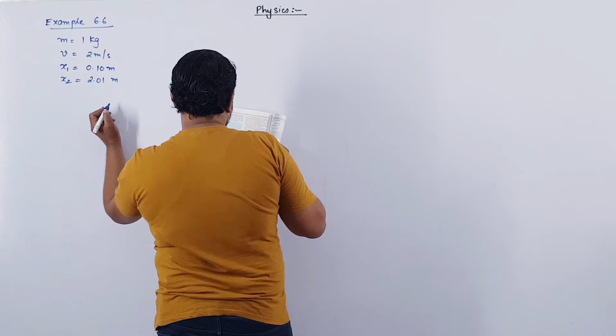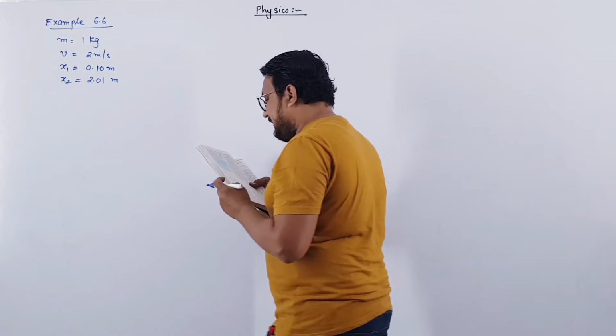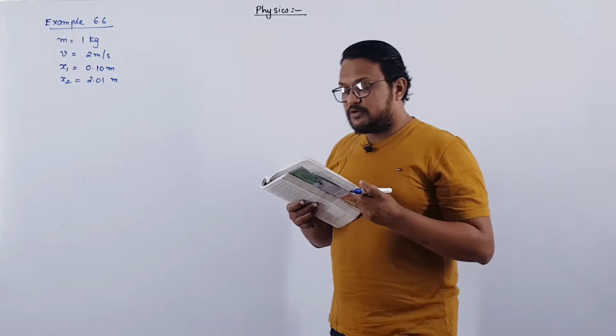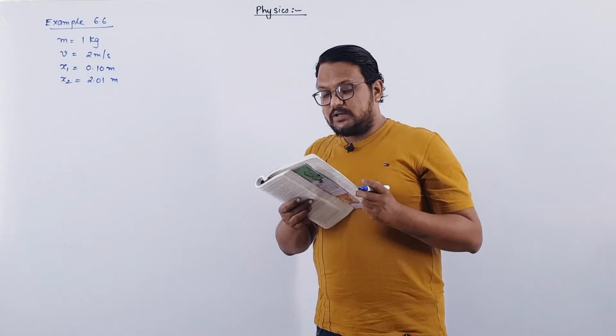The retarding force F on the block in this range is inversely proportional to x over this range.